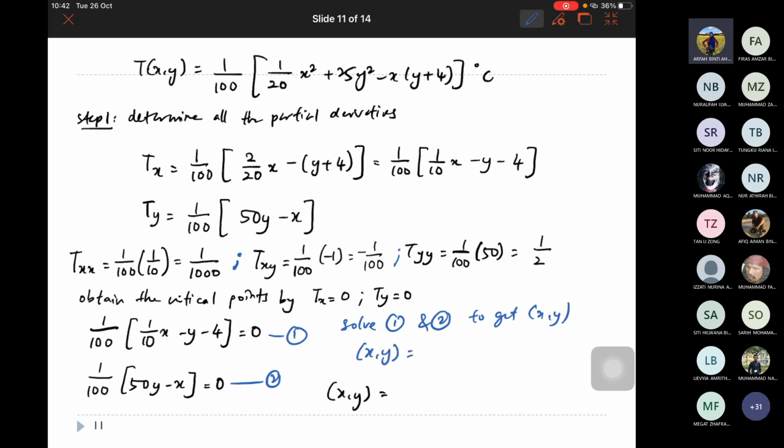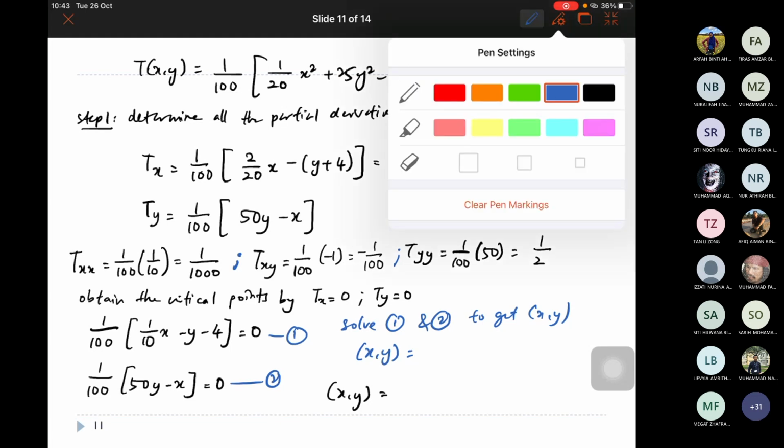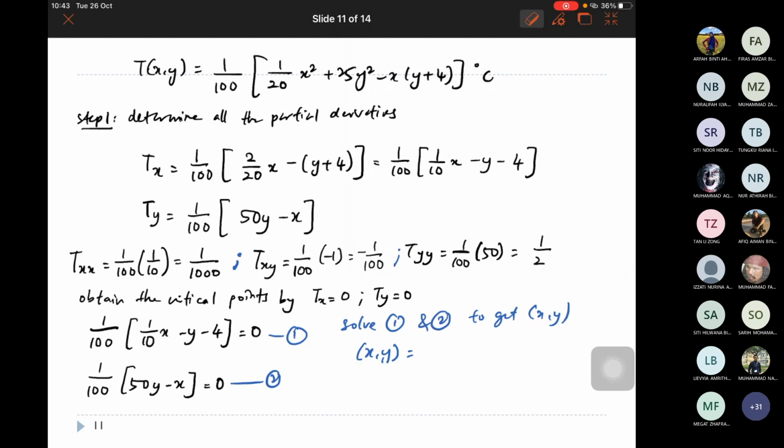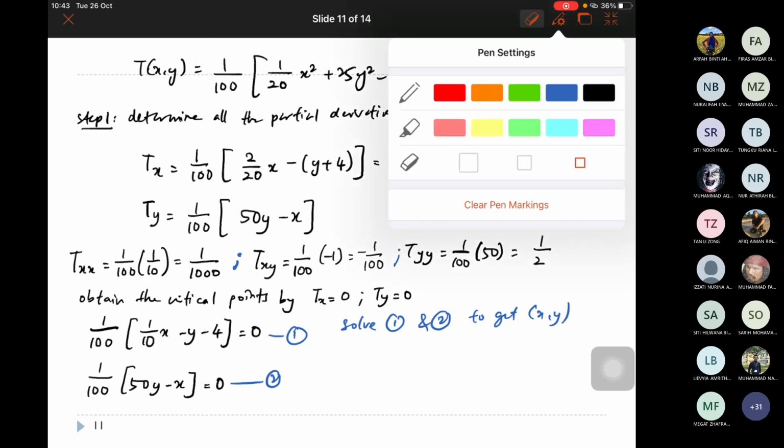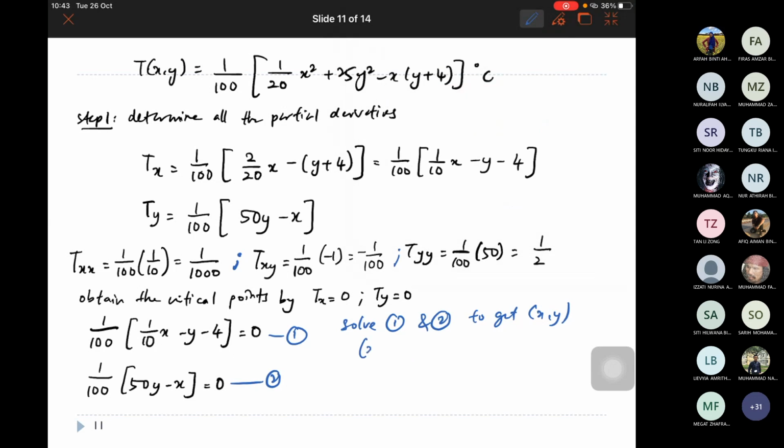XY sama dengan berapa? So cuba selesaikan. Anyone get the answer?